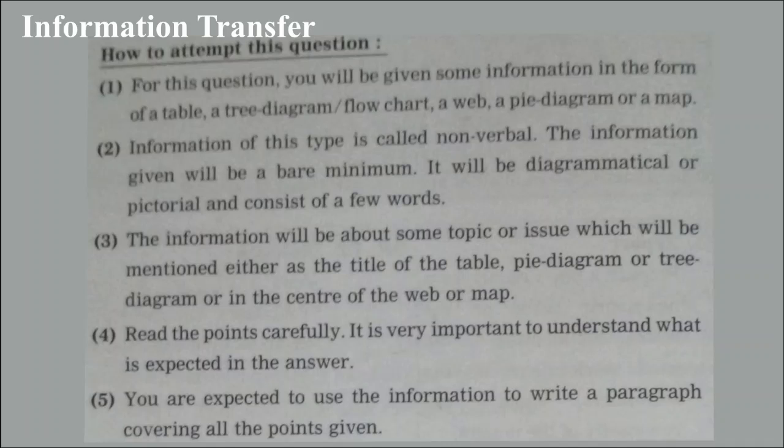It will be diagrammatical or pictorial and consist of a few words, meaning it will be in the form of a diagram. Diagrammatical means a diagram or a sketch or an illustration, or it may just be a picture composition type, and it will consist of only a few words.